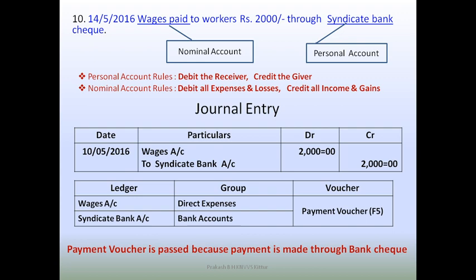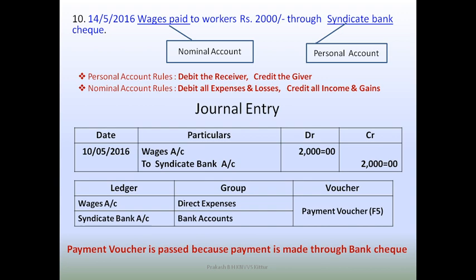So these are the 10 transactions we have made. So therefore we have made the journal entry, ledgers and groups and vouchers. We have identified all the transactions and ledger heads and then groups and vouchers.